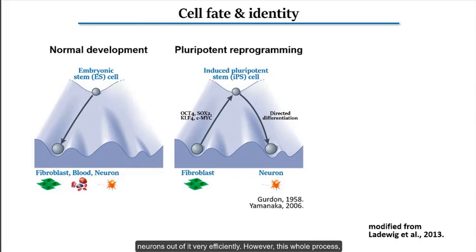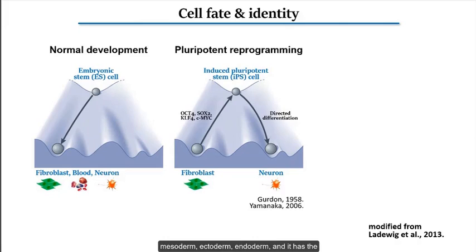However, this whole process of getting from terminally differentiated cells to induced pluripotent stem cells takes a pretty long time. It takes years, and sometimes you have to make sure that it's clean and that it is actually a stem cell, capable of differentiating into the three different germ layers.